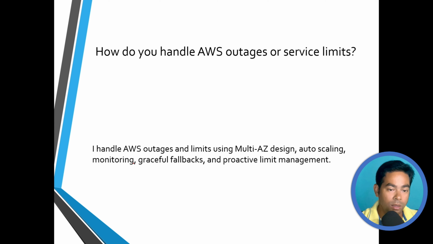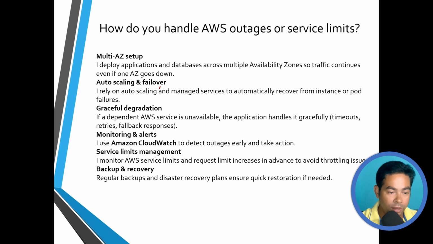Now the next question is how you handle an AWS outage or service limits. Because of this multi availability zone design, your applications will never be down, and you will not feel any slowness because of auto scaling or failures.